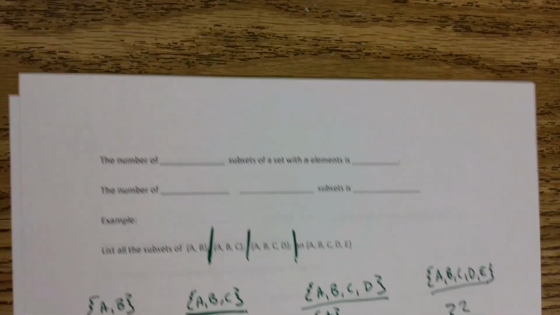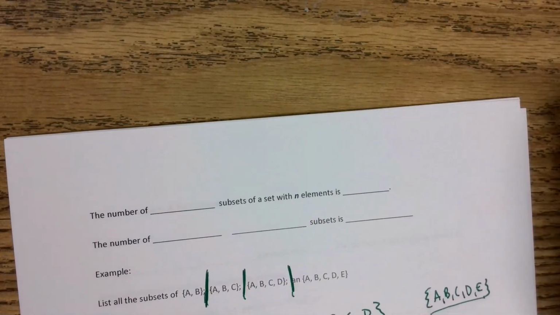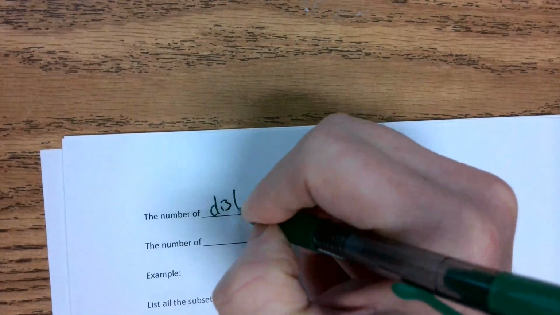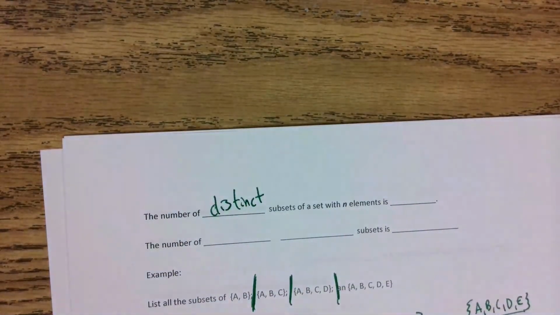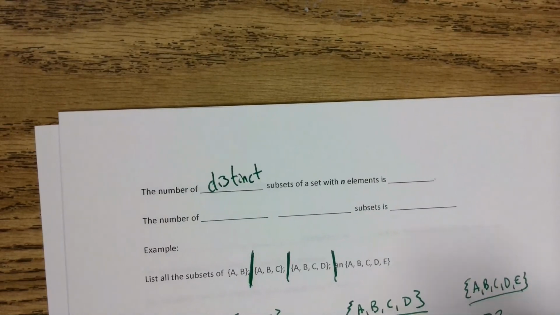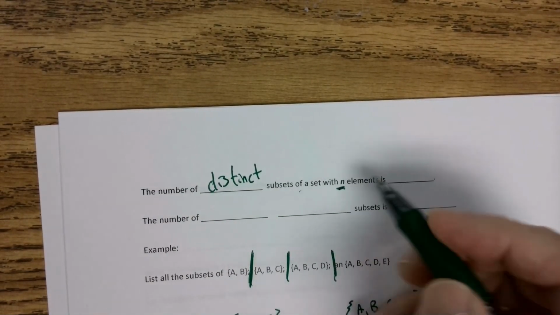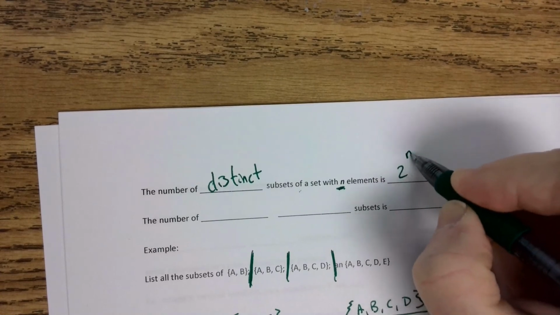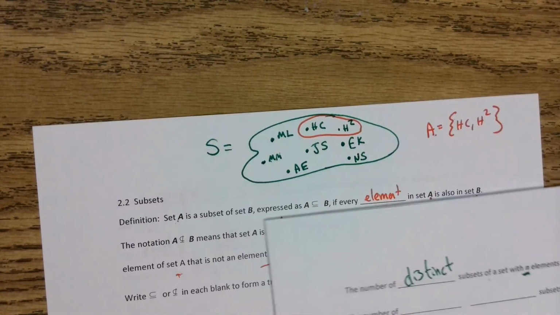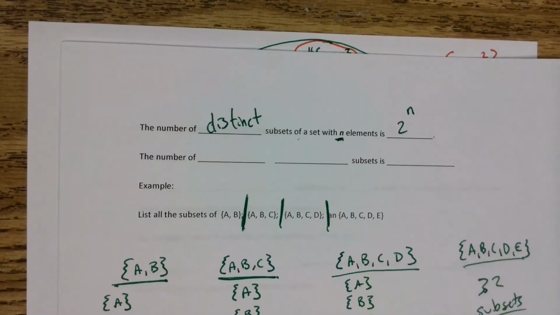So the number of distinct subsets, distinct is a good mathematical word, it means there's nothing else like it, of a set with n elements is 2 to the n power. So it's a little formula. It's not on your sheet. You're going to have to know this one.